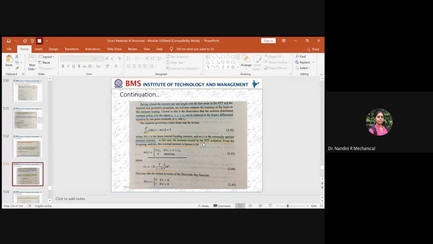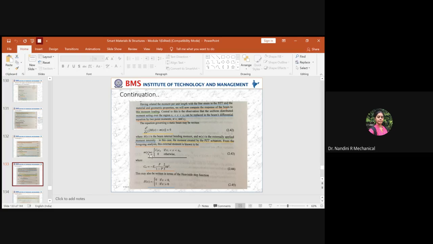So from now onwards, if you see small m of x, it is the bending moment coming into picture due to external loading. If you write capital M of x, it is the bending moment due to internal loading. Internal loading basically comes across the interface, whereas the external loading happens when you have the PZT patch at the top and bottom of the structure. So that you have to understand.